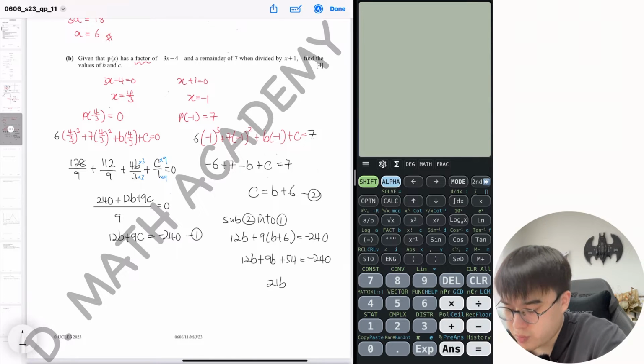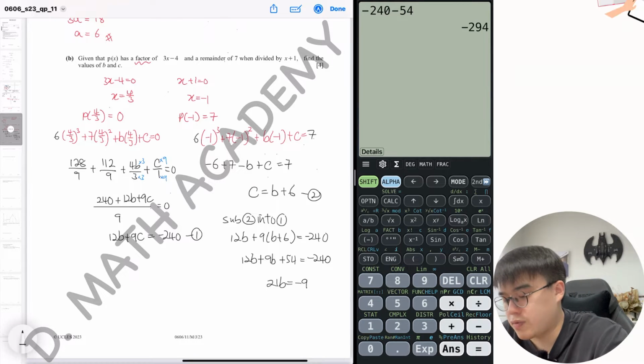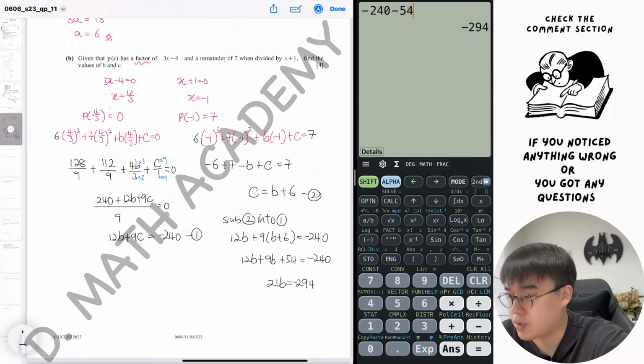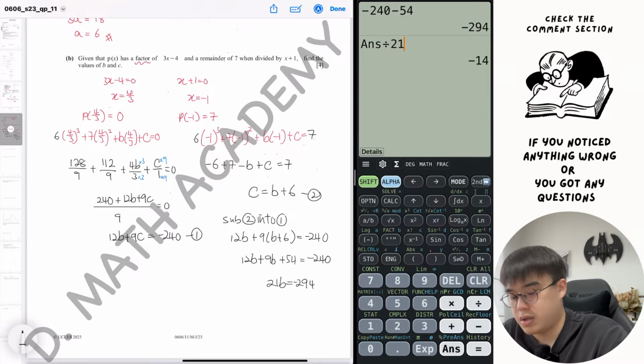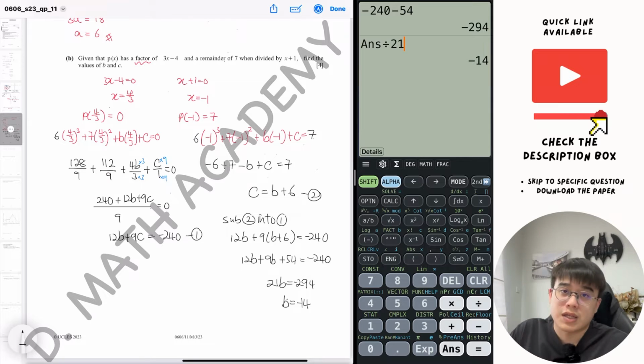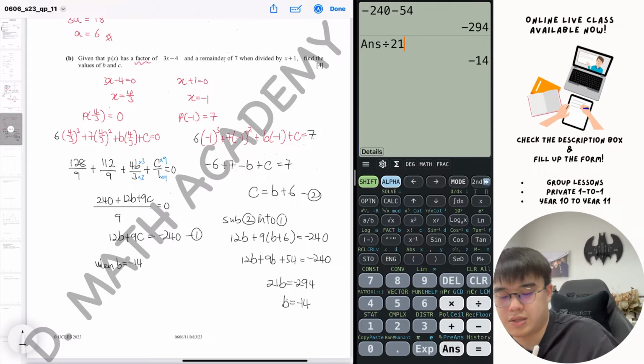You will get 21b equals -240 minus 54, you get -294. With this result, when you divide it by 21, you will get b as -14.